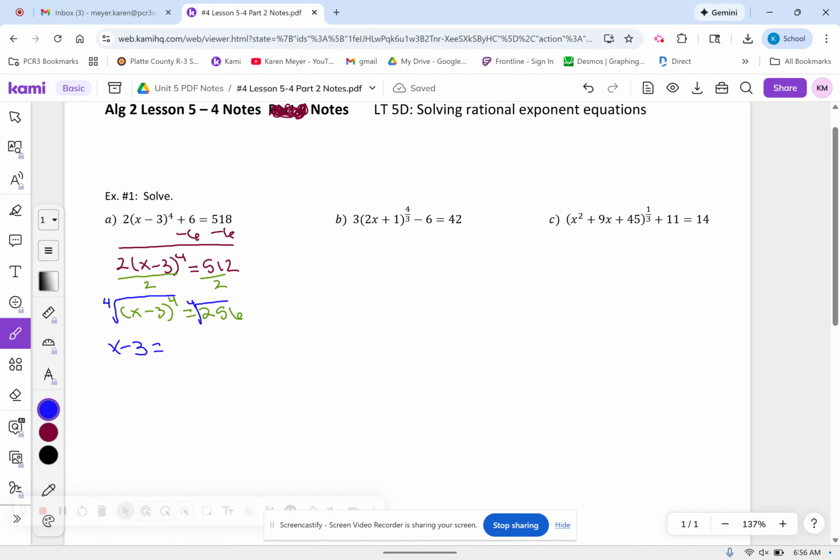4th root, I don't know if you remember this when we did it first semester, but we were doing square roots, and we said when it was a square root, you had to put a plus or minus.